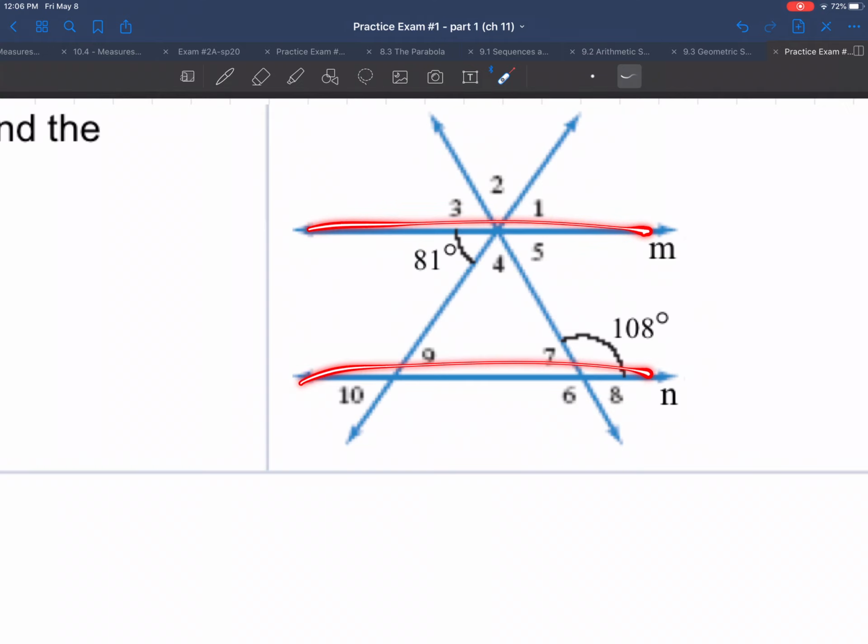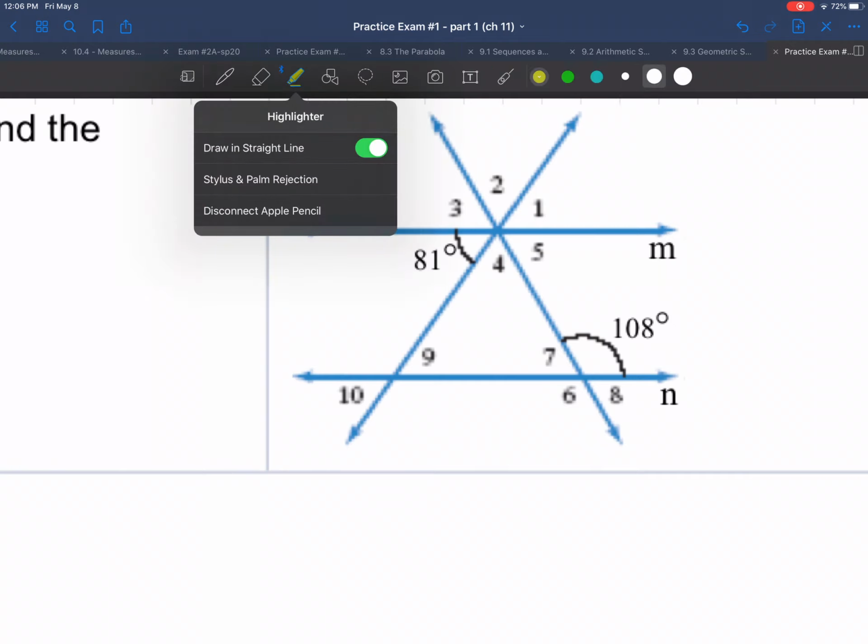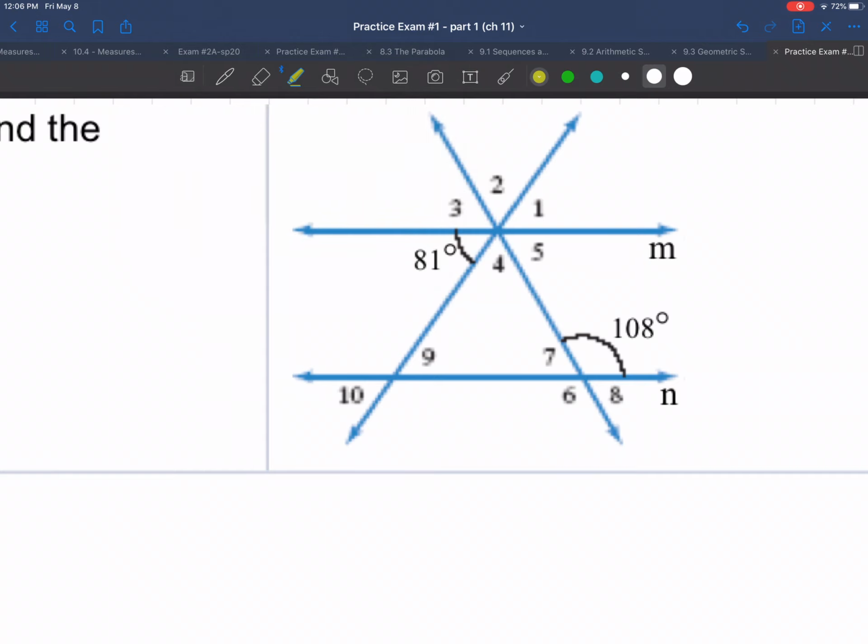These two are parallel. So what we have learned about parallel lines is that the Z angles are equal. Let me just highlight it. Look right here, see that Z right there? That Z makes two angles, doesn't it?